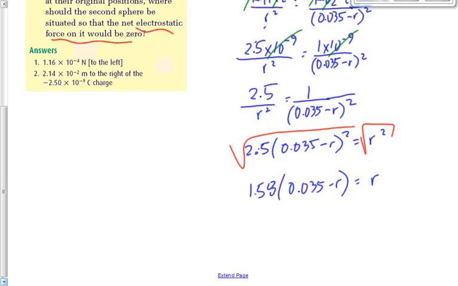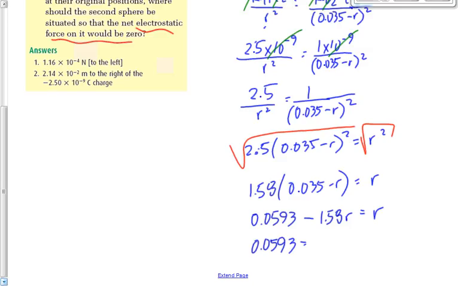1.58 times 0.035. What's that? Does anybody have that? 0.593 minus 1.58R. So we're multiplying the 1.58 by everything inside those brackets. Equals R. Oh my goodness, we are so close to being there right now. Combine the R's, right? R plus 1.58R.